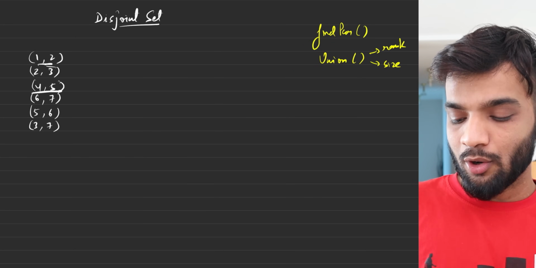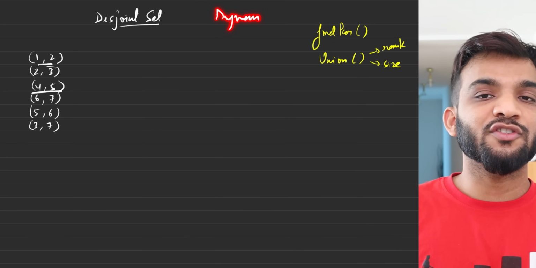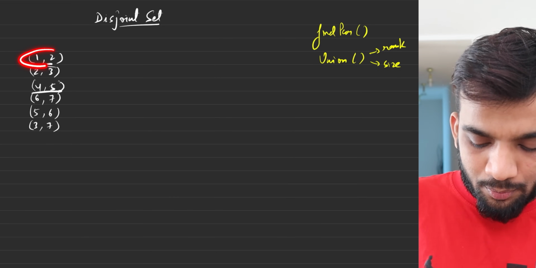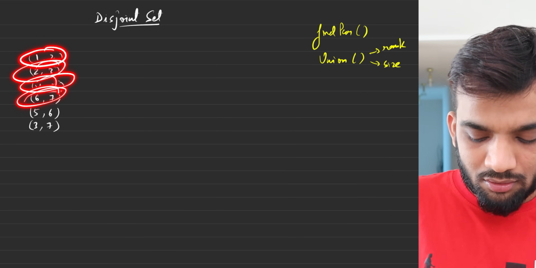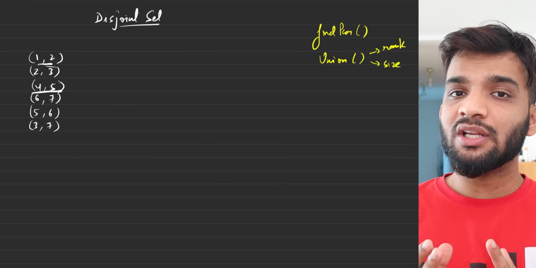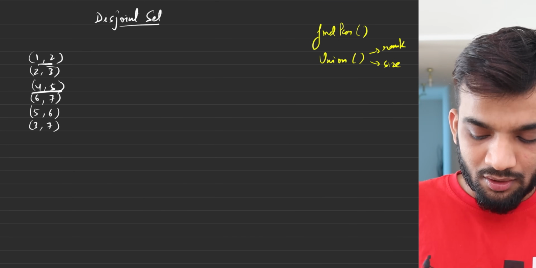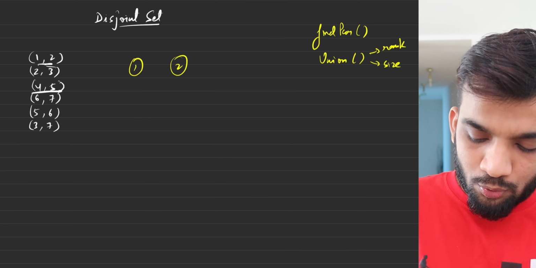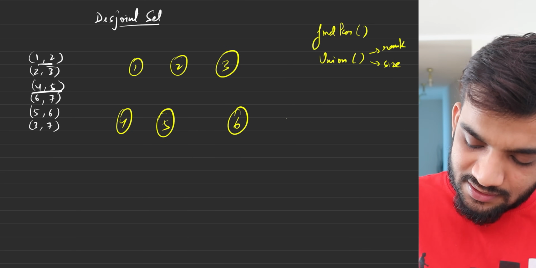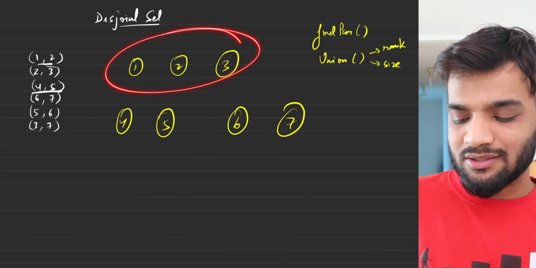Now, I did talk about dynamic graphs, graph changing configurations. So let's understand this. What do you mean by these things? These are all edges. There's an edge between 5 and 6. Okay. So initially, what we assume is 1, 2, 3, 4, 5, 6, 7. Everyone is alone.